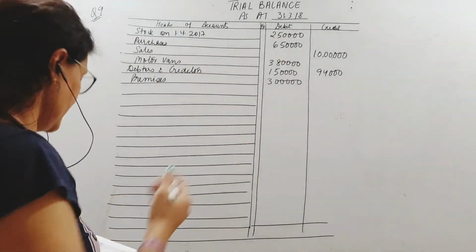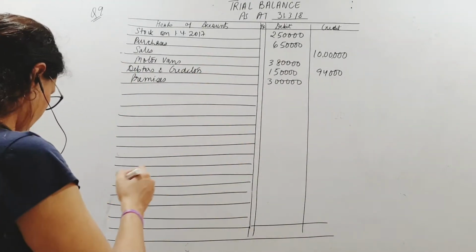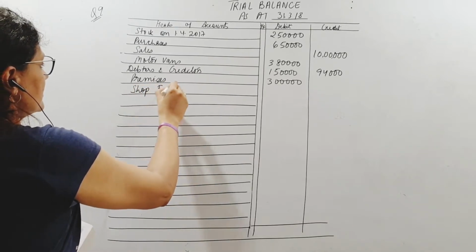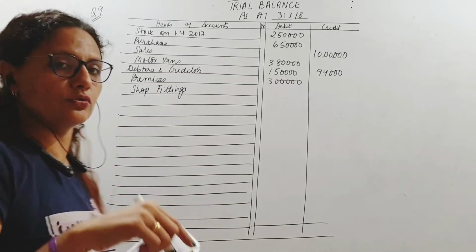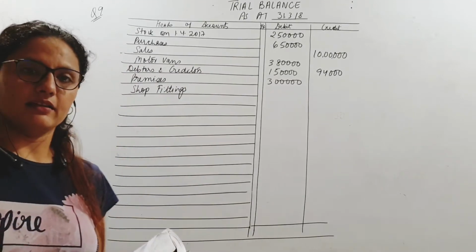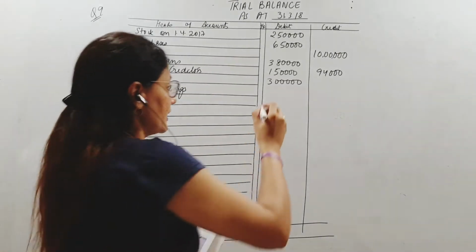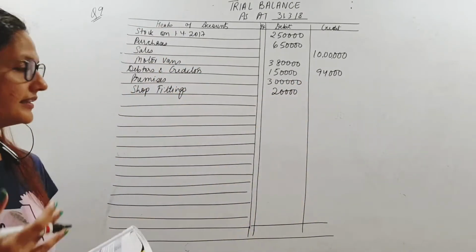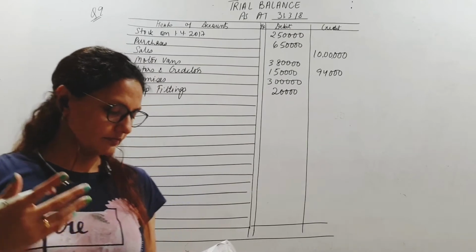Premises, being an asset, should be in the debit column. Then we have shop fittings. This is again related to my building and other furniture and fittings. Again, it's an asset to me. Why have they taken it in the credit column? It's neither an income nor a liability.